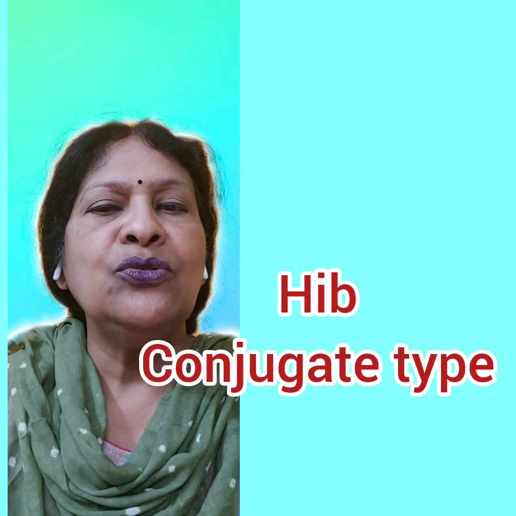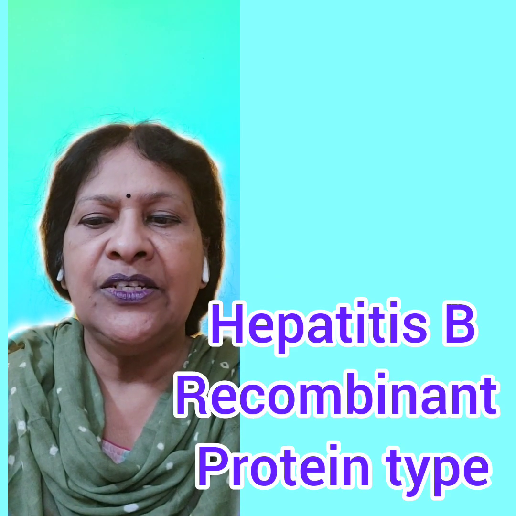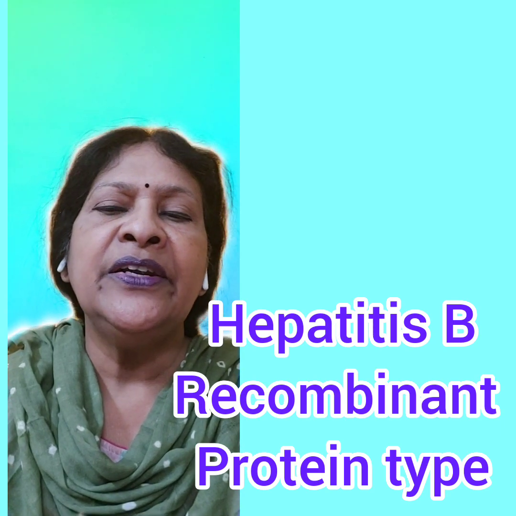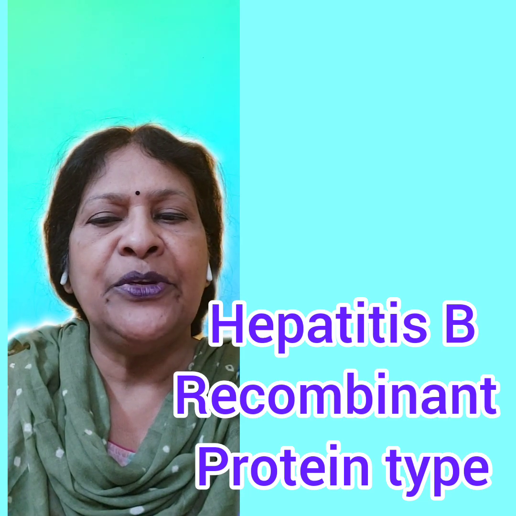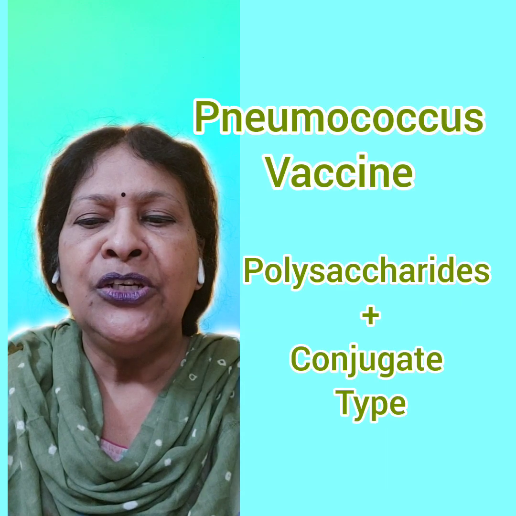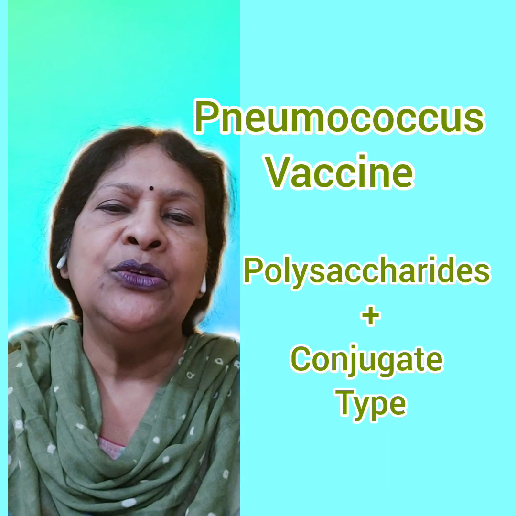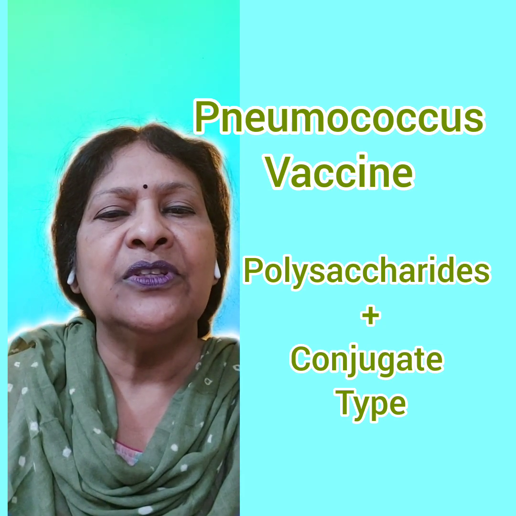Taking as an example, the Haemophilus influenzae type B uses a conjugate protein for immune response, whereas hepatitis B uses a recombinant protein type for the immune response to be produced in the recipient's body. The pneumococcus vaccine uses a polysaccharide added with a protein for the production of immune response in the organism.